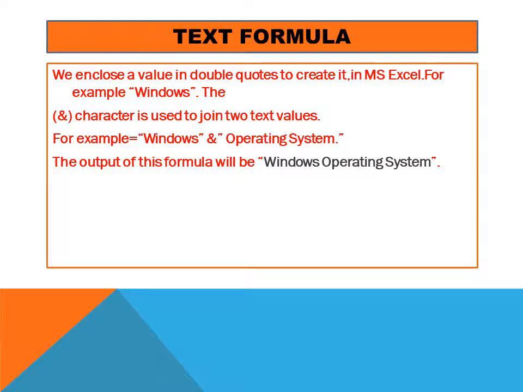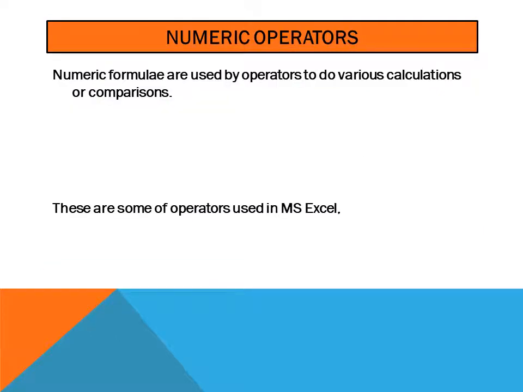So what we need to remember is that while using text in a formula, it should be enclosed in double quotes. And this AND character can join two text values logically in one statement. If we want to join two text values, we can do it with the help of the AND operator.